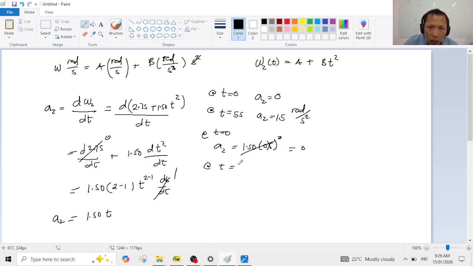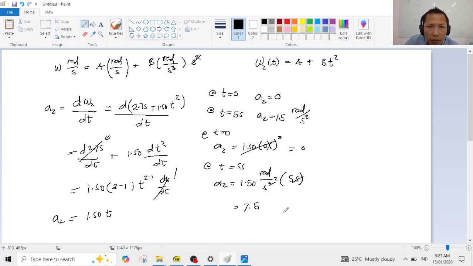At t equals 5 seconds, alpha z is 1.50 radians per second cubed times 5 seconds, so 7.5. Hmm, that is not the same.